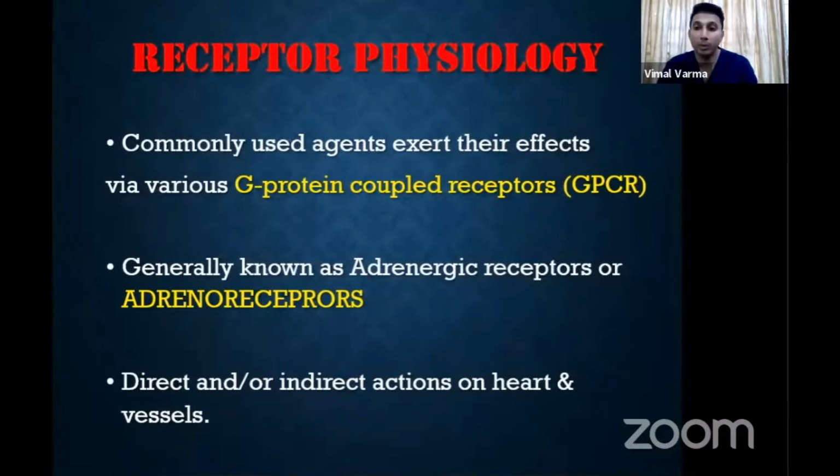But as we are talking about stimulation, we are talking about the sympathetic nervous system, and they are adrenoreceptors. They exert their action via direct or indirect effects on heart and vessel, causing increase or decrease in contractility or vasoconstriction, vasodilatation.